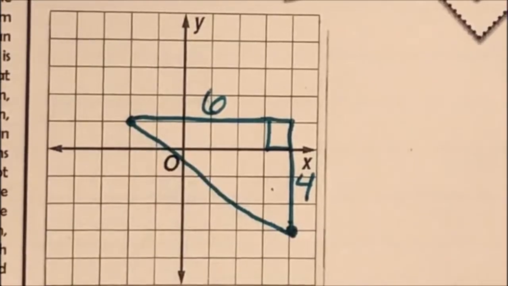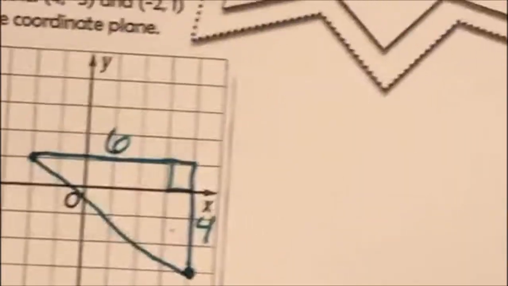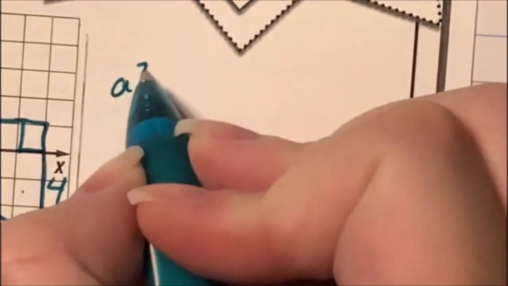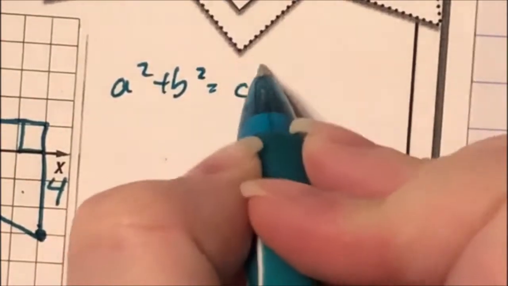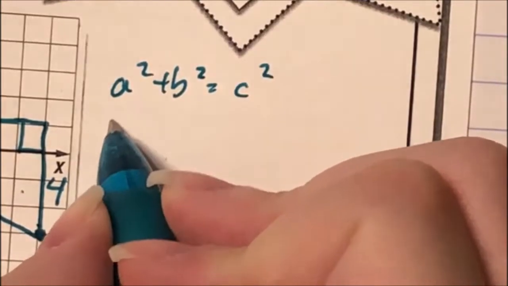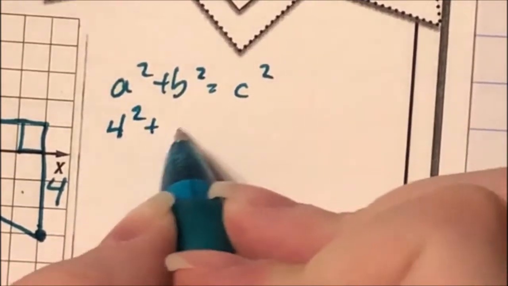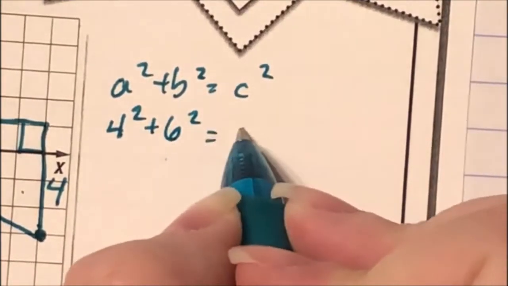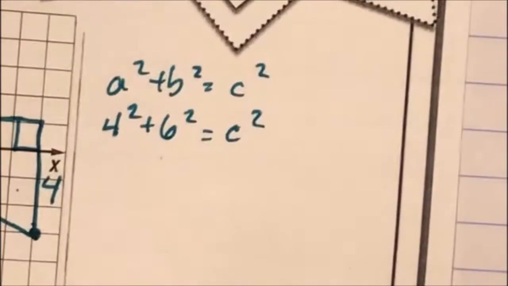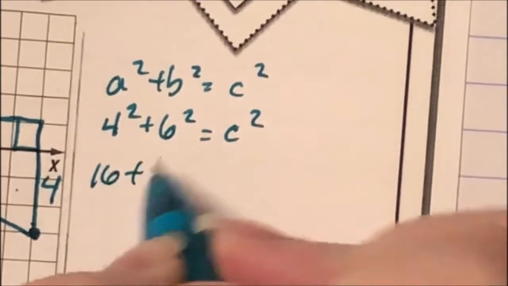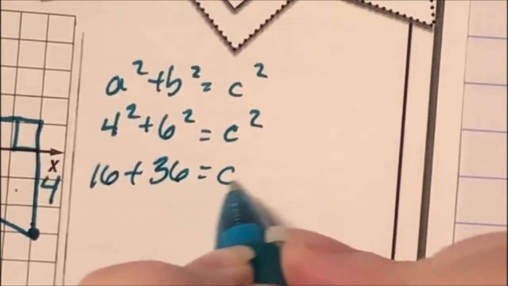But I have 2 legs, so I can figure out the hypotenuse, which is the distance I'm looking for. So I have a squared plus b squared equals c squared. a can be 4, b can be 6, and we don't know c. 4 squared is 16. 6 squared is 36.